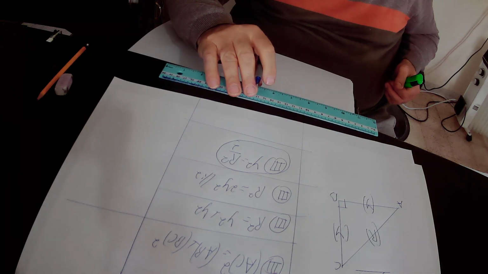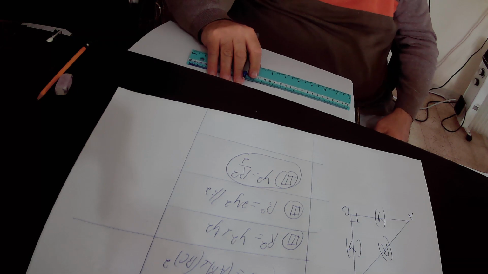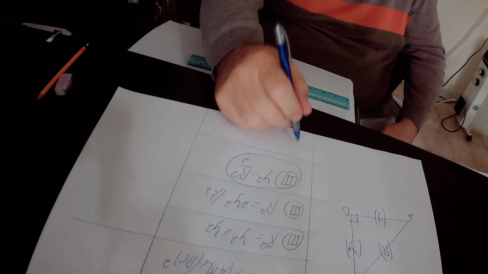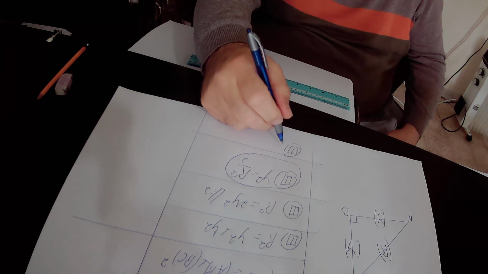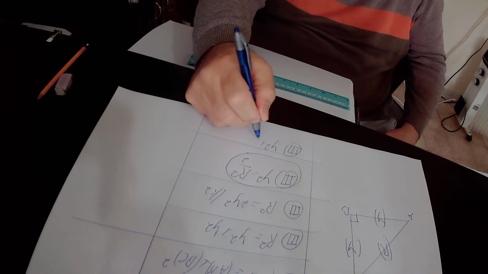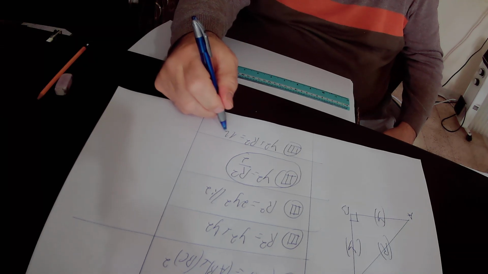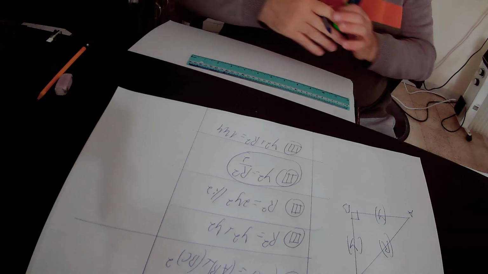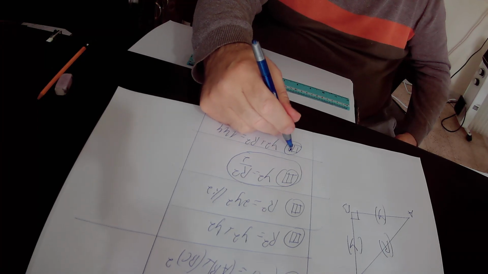This is according to equation 3, but we've already found out that according to equation 2, y square plus R square equals 144.